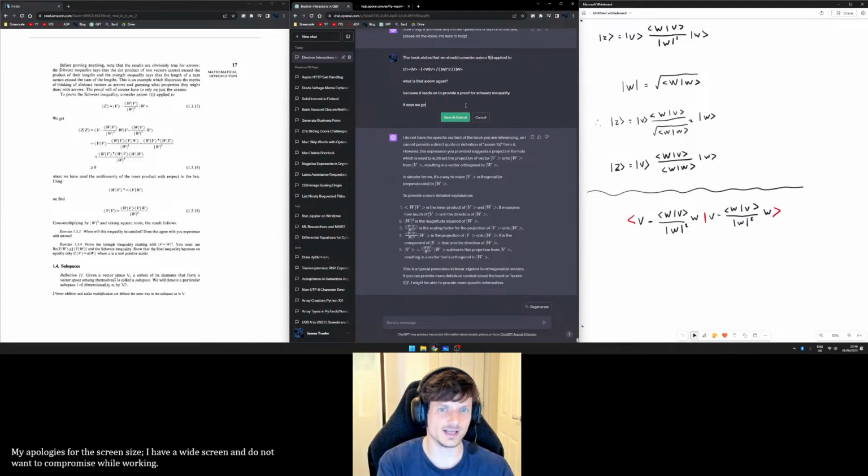It says we get Z equals V minus W V divided by W to the power of 2.